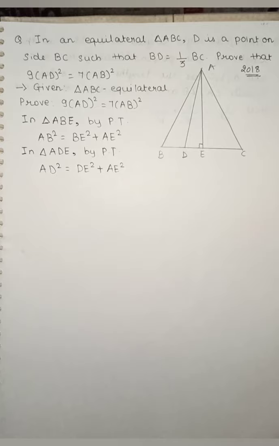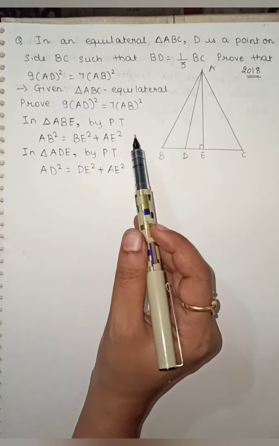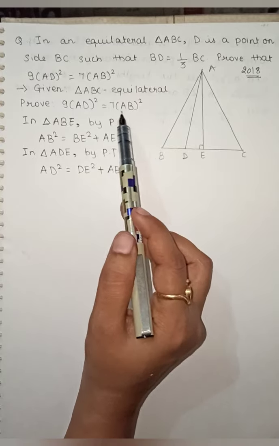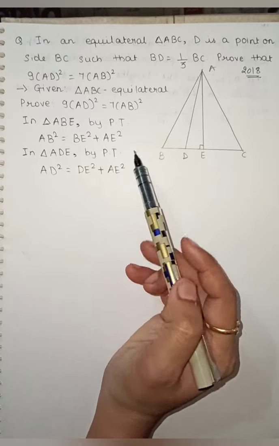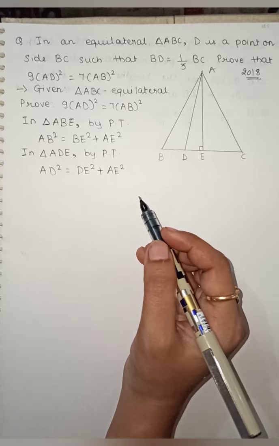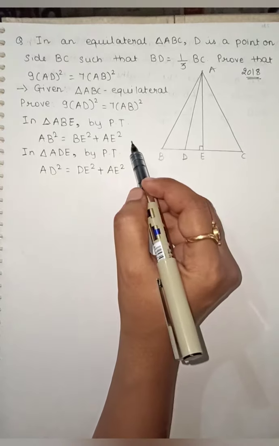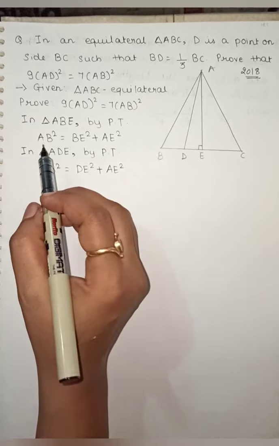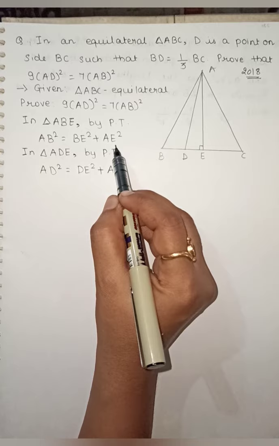One has AB square and another has AE square. But I wanted to prove something involving AB and AD, so these two equations should be taken together. How can I make these two equations work together? As you can see in equation 1, AB square is given as BE square plus AE square.